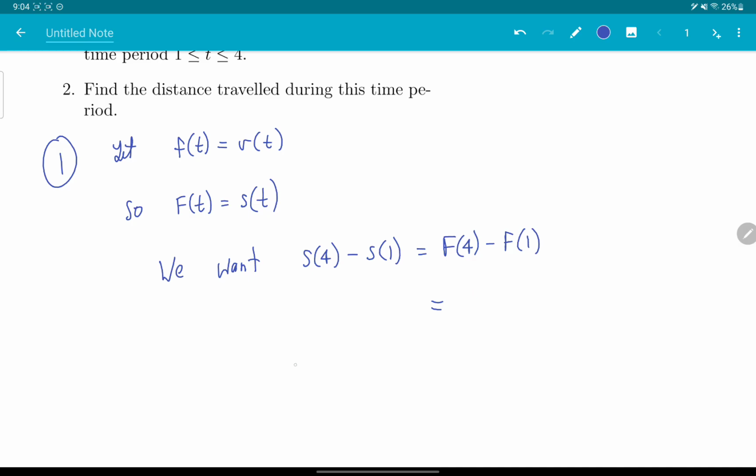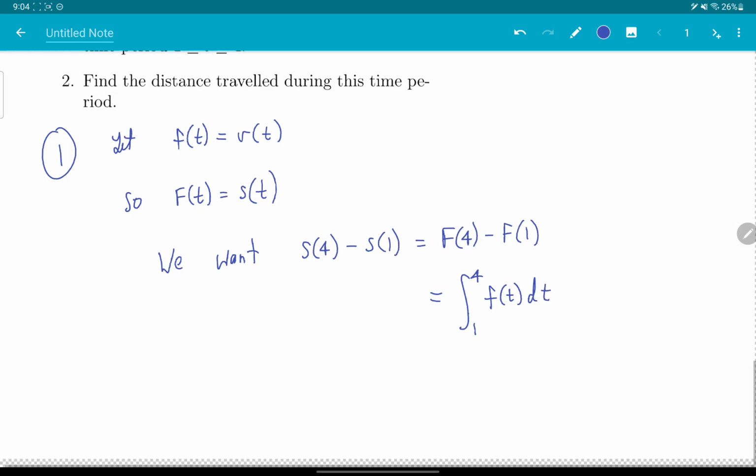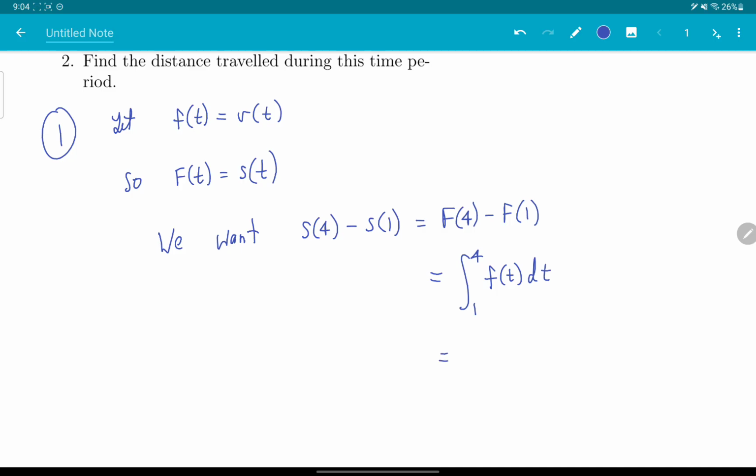And now we use FTC2. We remember this is the definite integral from 1 to 4 of f of t dt. So this is FTC2 here.